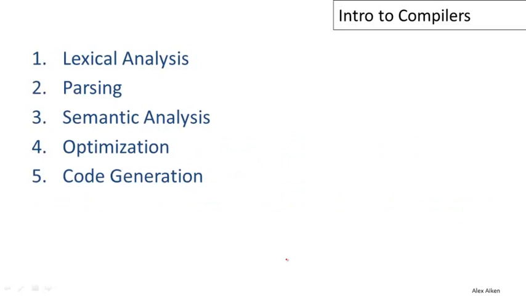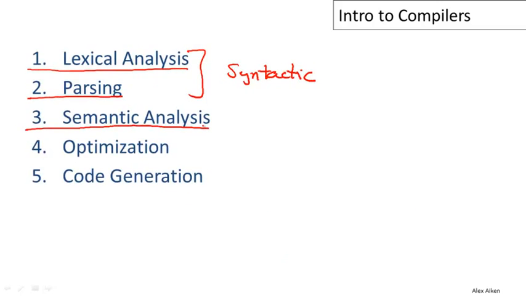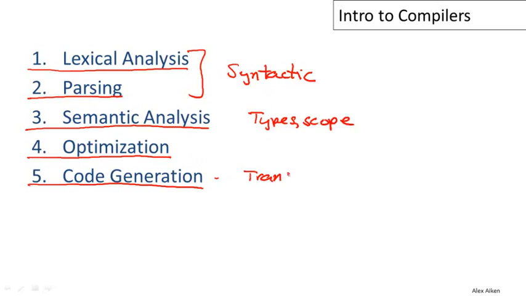So what was the structure of Fortran 1? Well, it consists of 5 phases: lexical analysis and parsing, which together take care of the syntactic aspects of the language; semantic analysis, which of course takes care of more semantic aspects, things like types and scope rules; optimization, which is a collection of transformations on the program to either make it run faster or use less memory; and finally, code generation, which actually does the translation to another language.